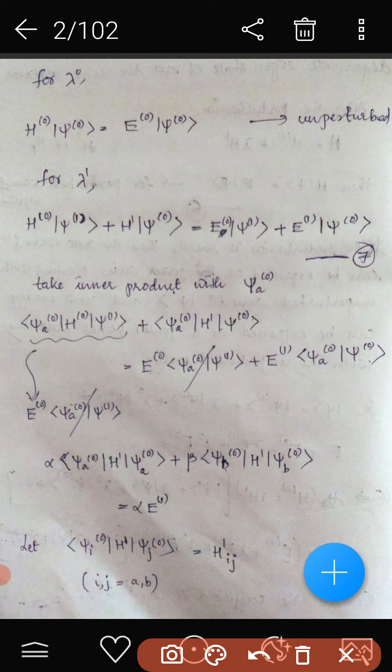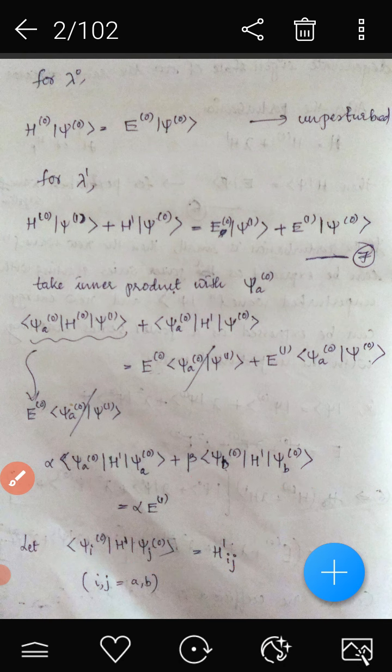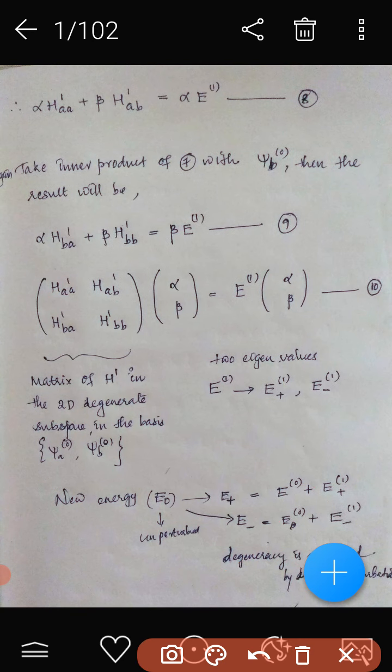Now let <psi_i^0|H prime|psi_j^0> equal H prime_ij, where ij is AB. So this can be written as alpha H'_AA plus beta H'_AB equal to alpha E1. That is equation number 8.